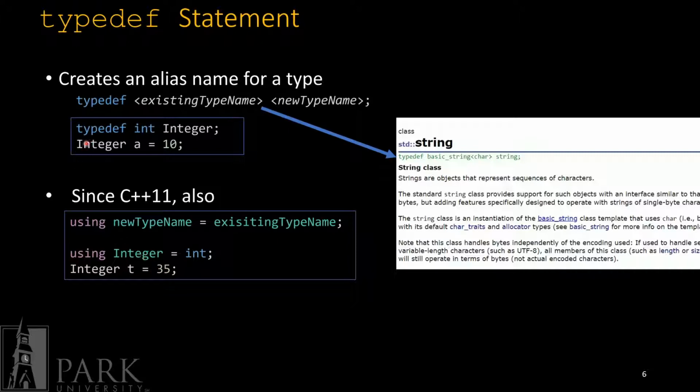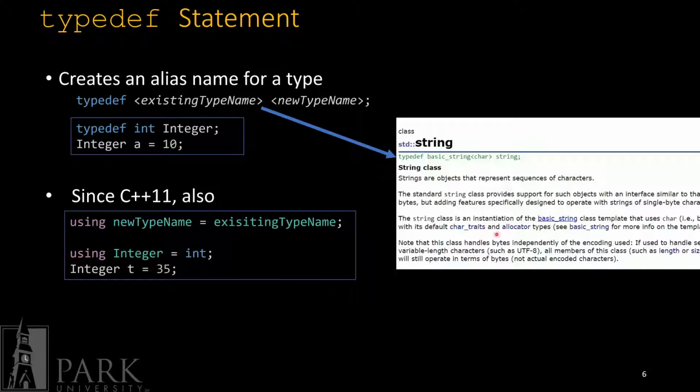So here you could see, instead of typedef, we're saying using our new name is equal to what our old name was. Then we can say using that new name equals int. So this is the same thing as this, except we're using the using keyword instead of typedef.